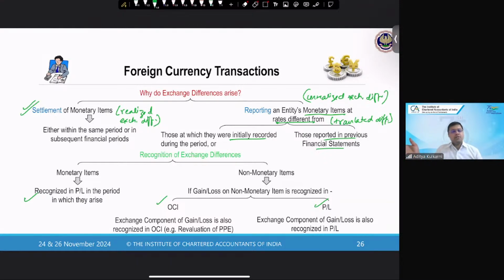Along with that, the forex fluctuation will also go depending on where the original gain or loss has gone. So that is the segregation which is given. Where do I recognize my exchange differences?